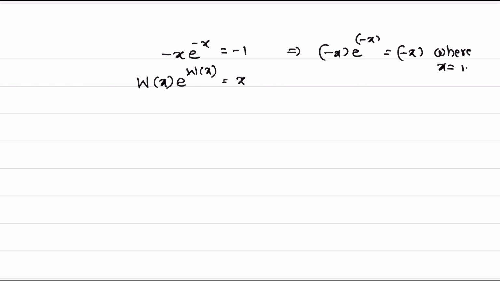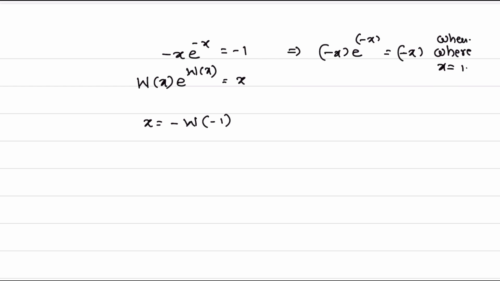Can we interpret the answer like this? So by interpreting the answer like this, we can say x is equal to minus w of minus 1 from the Lambert's equation, which I have explained already in the previous class.